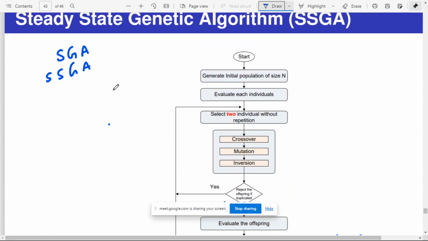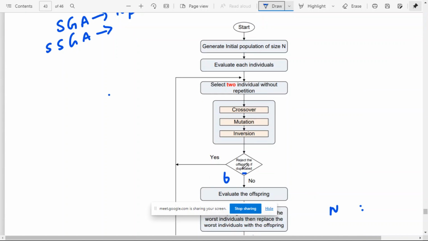Yeah, fine, good. So that is the main difference. In SGA, we identify NP pairs and then we create new offspring, and then we check whether we are satisfied with the solution or not. If not satisfied, we continue with the process. In SSGA, we identify only two individuals and then we perform crossover, mutation, inversion, and then we check whether it's a duplicate or not.